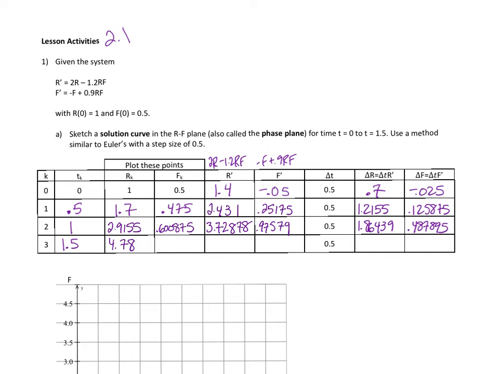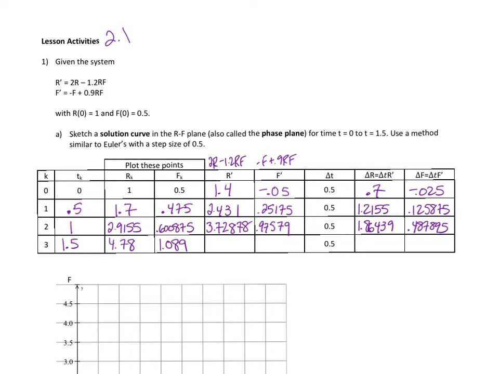And then I take my old f, 0.600875, add my delta f, 0.487895, and I get 1.089. And I'm done. Okay, so those are the r and f values at t equals 1.5, which is what I was trying to get.